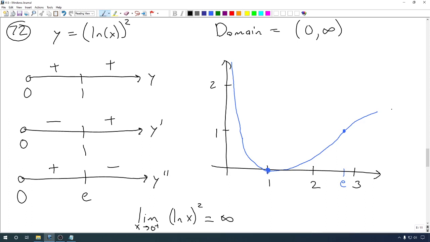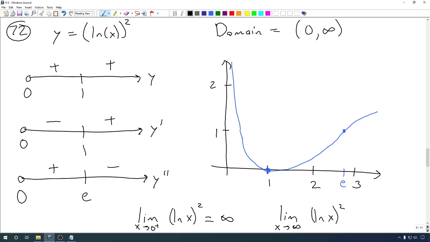You might be wondering, maybe there's a horizontal asymptote. Does this level off somewhere? Well, there we're actually talking about what is the limit as x goes to infinity of the natural logarithm of x squared. And again, we have to think about what the natural logarithm is doing as x goes to infinity. The natural logarithm is going off to infinity.